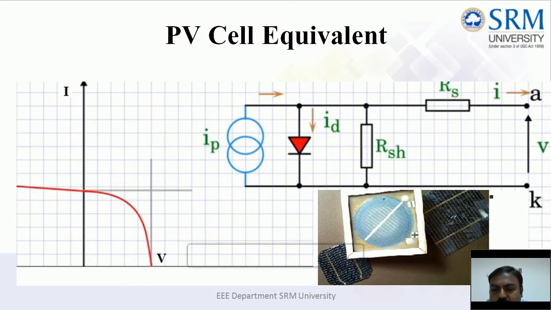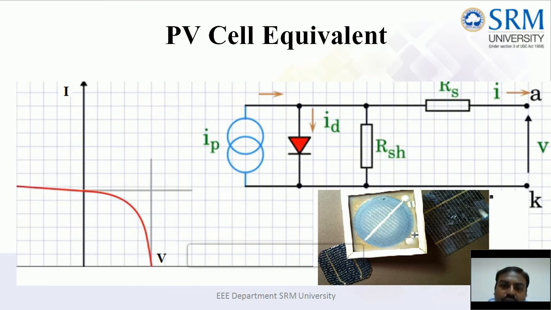You can see it is like a PN junction where the top layers are connected through a contact and brought out as a cathode, and the bottom layer of the cell is formed as an anode. So positive and negative. The end user can take two wires from that and use it. That is the photographic representation of a PV cell.